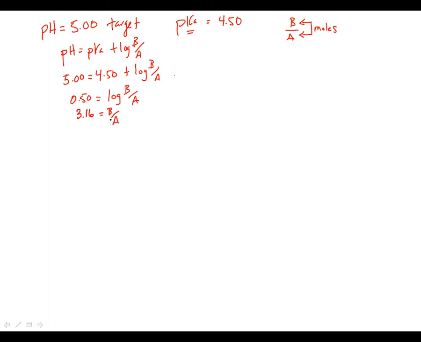And in this particular case, that would tell us that for every mole of base that we need 3.16 moles of our acid, right? By multiplying the A to the other side. Any questions on that?